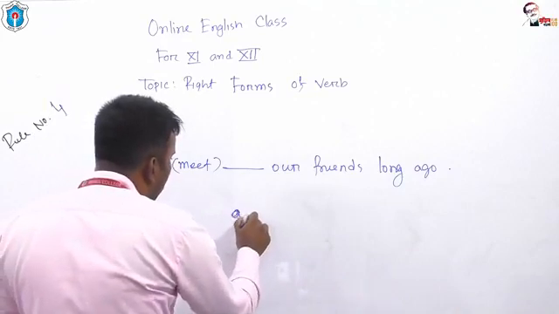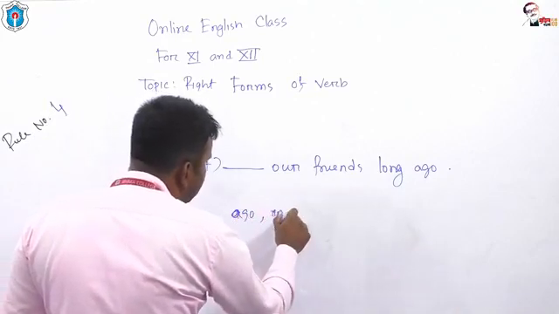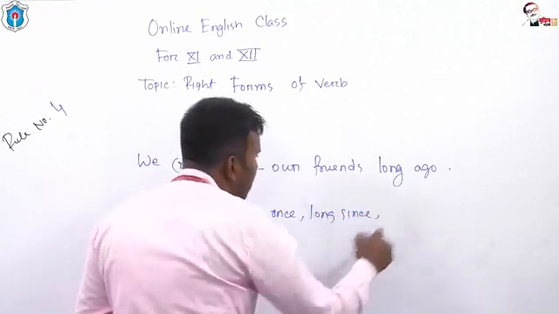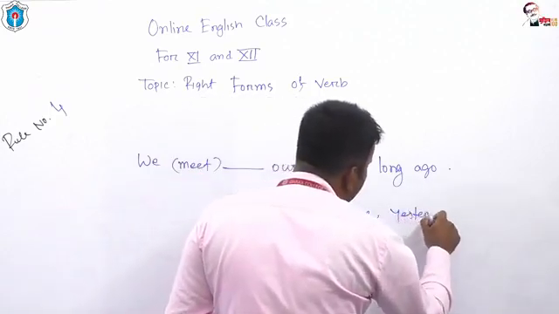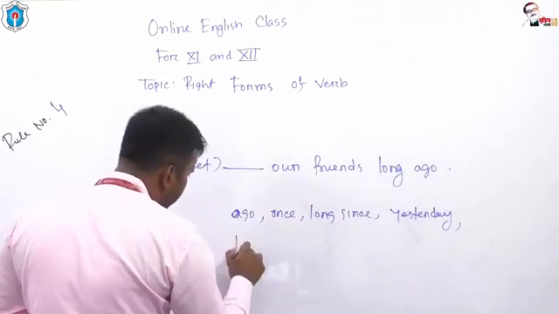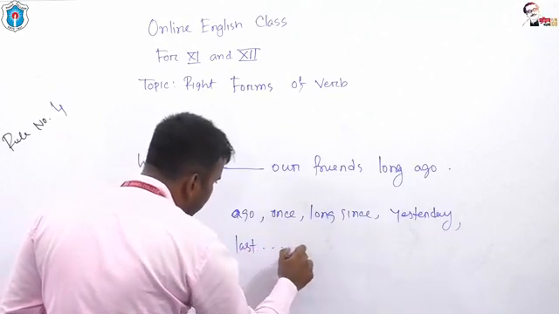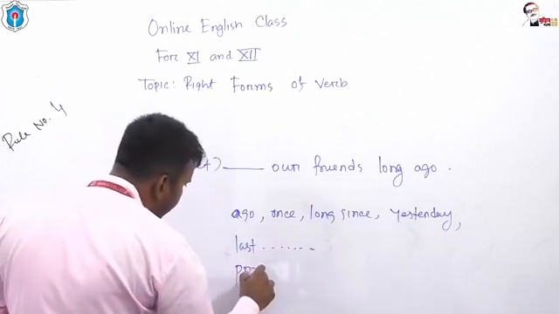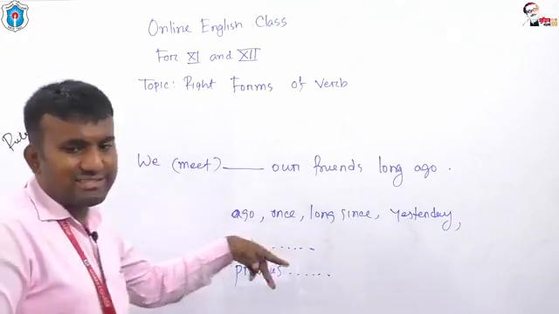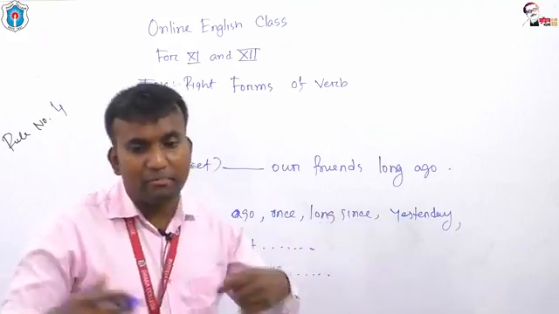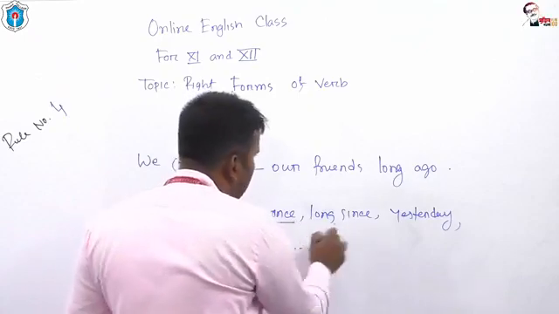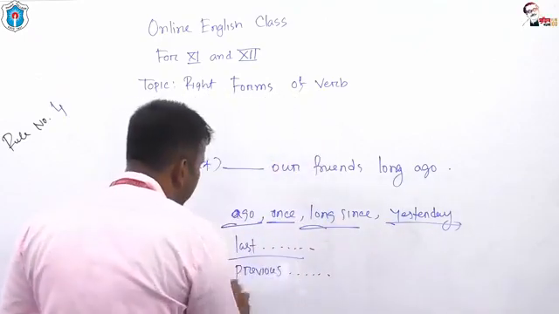Can I say ago? Can I say once? Can I say long since? Can I say yesterday? Can I say last blah blah? Can I say previous blah blah? Last month, last year, last season, previous month, previous year, previous season. Clear? Yes, thank you. Ago, once, long since, yesterday, last blah blah, previous blah blah.